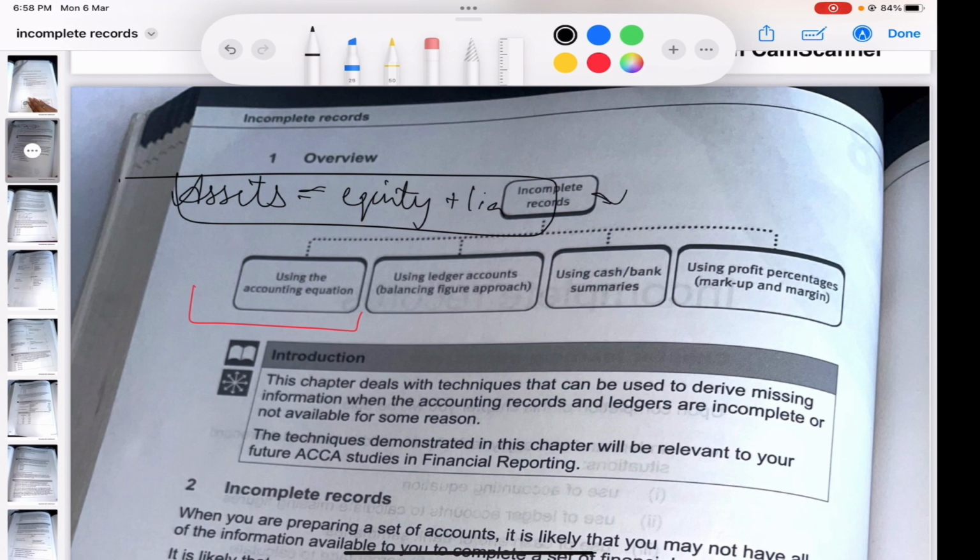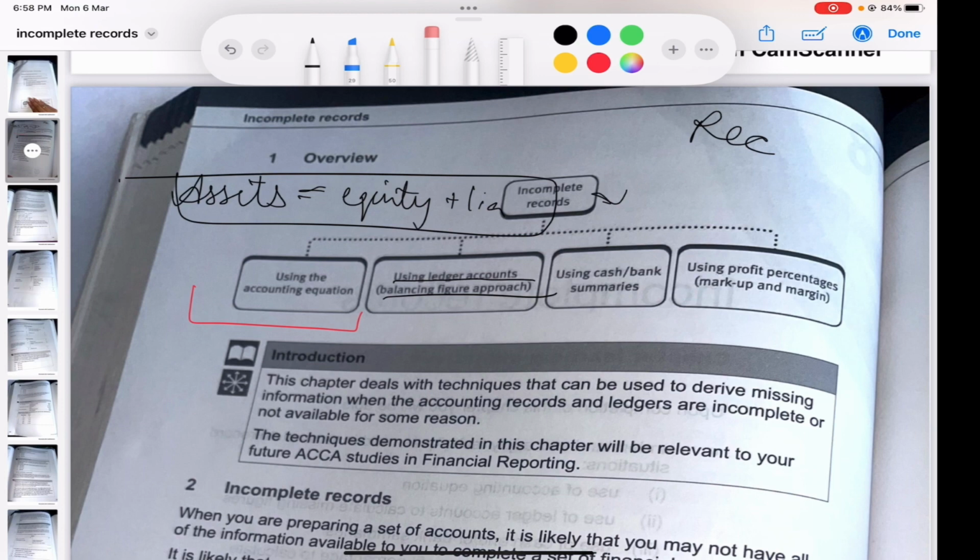Let's come to the next one: using ledger accounts, the balancing figure approach. This is what we've been doing so far. When we made the receivable ledger control account, after doing the balancing, we got the credit sales figure. And when we made the purchases ledger control account, the balancing figure gave us the purchases amount, right?